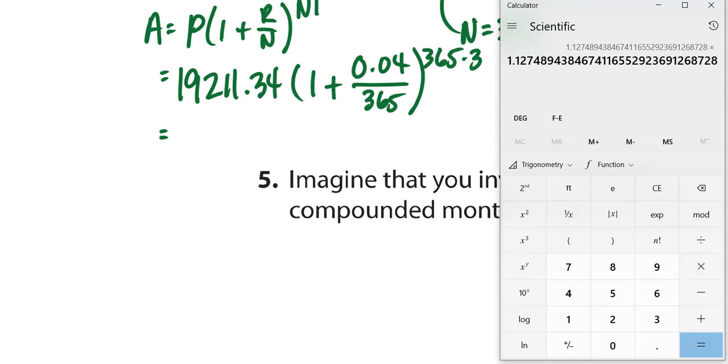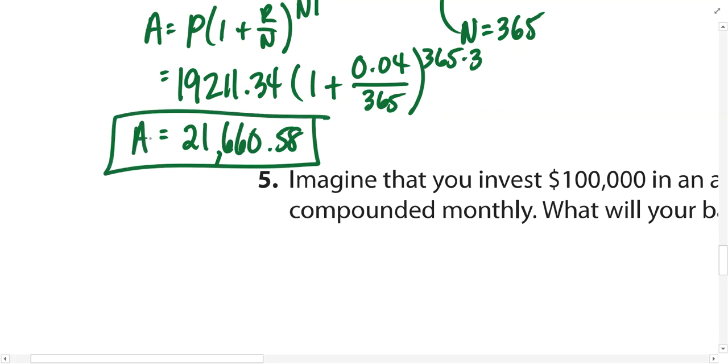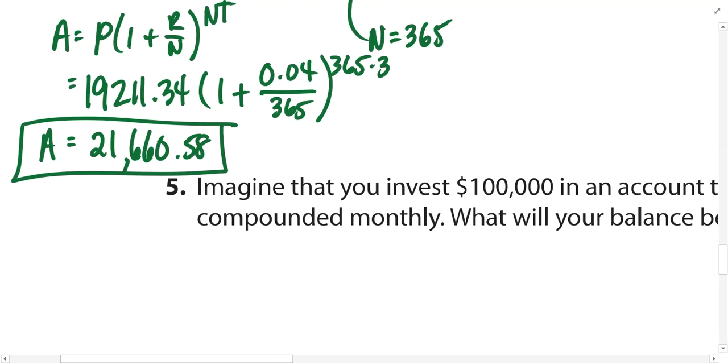So now we can move on to multiplication, and I'll multiply by 19,211.34. And it looks like that this gentleman's account has grown to a total, or an ending amount, of $21,660.58. So this is how much we know that's in the account at the end.